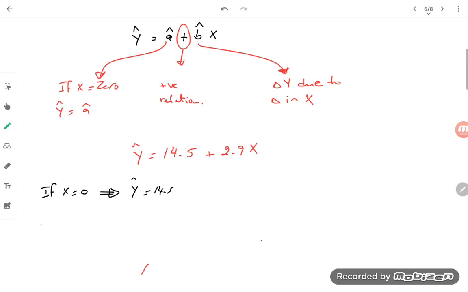With respect to question number 5, if x increases by 1, then y hat will increase by 2.9 units. If income increases by £1, people are going to increase demand by 2.9 units.